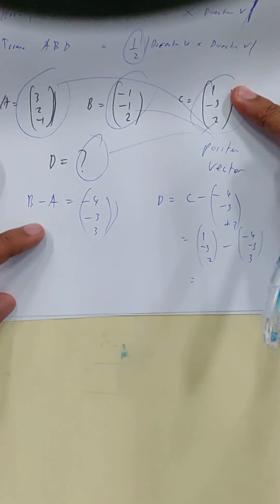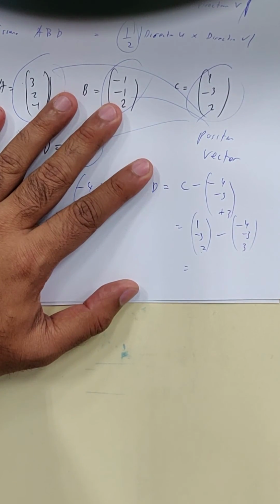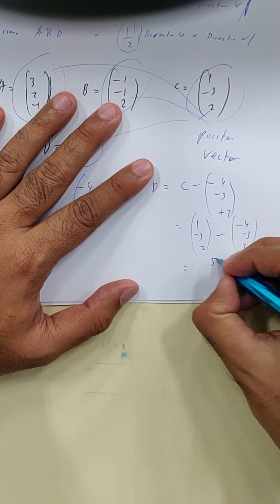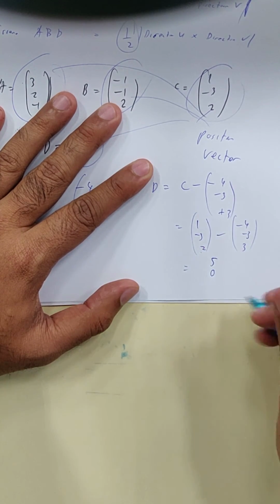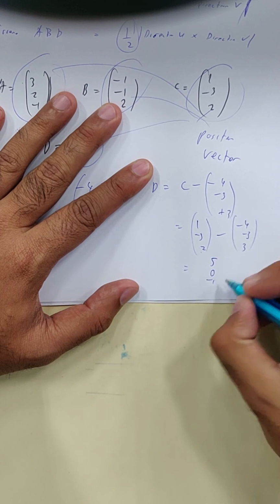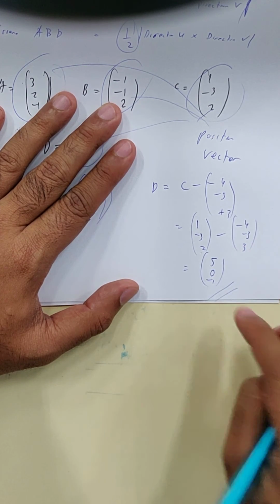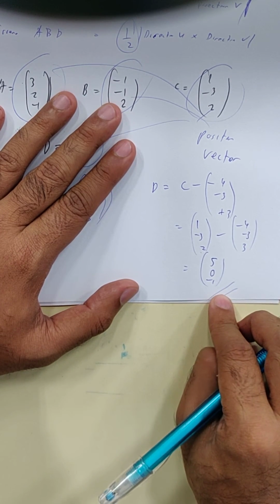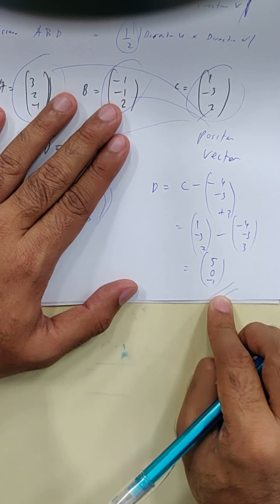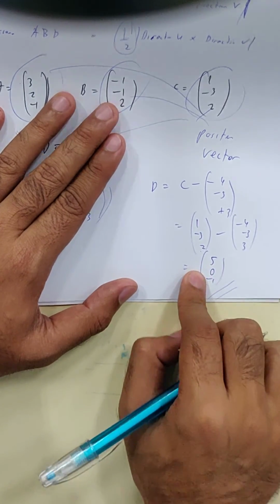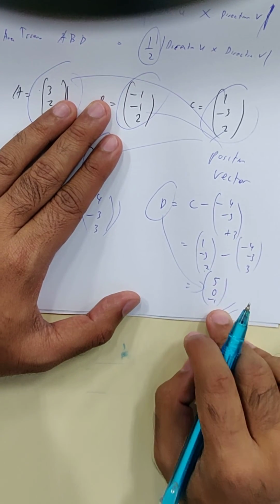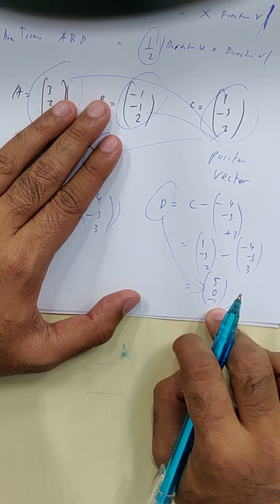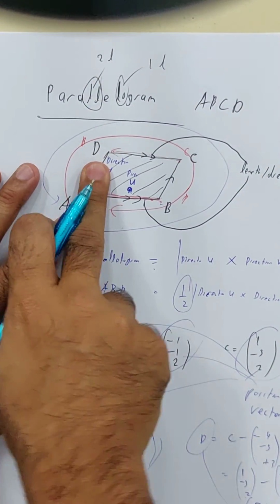So what do we get? 5, 0, 1. And this is what? This is D. Is this position or direction? It's a position because it's the location of D.